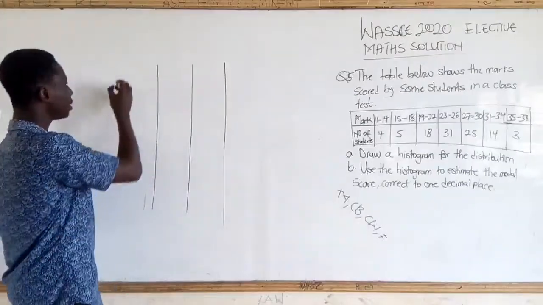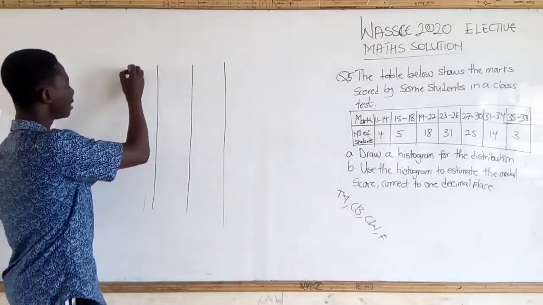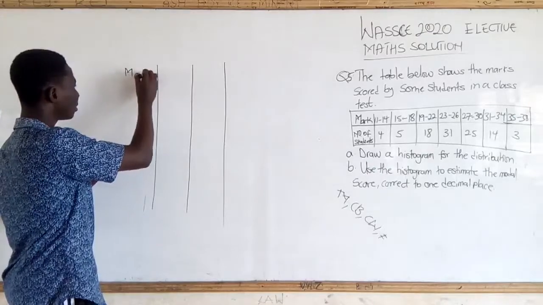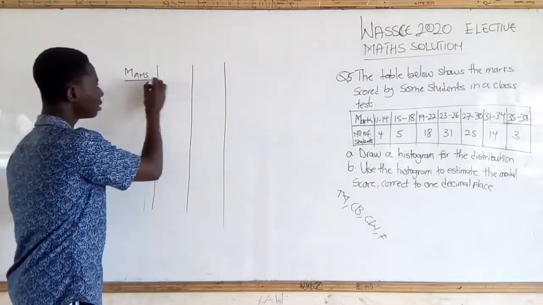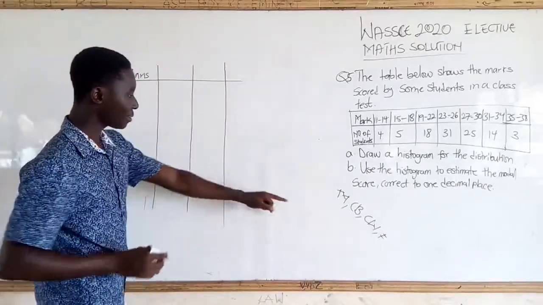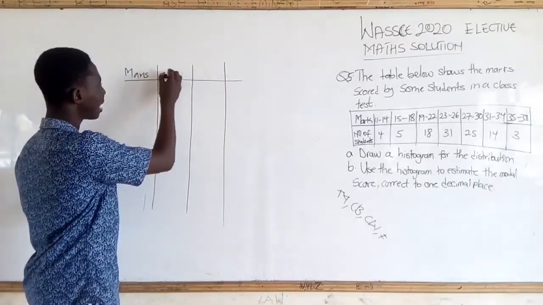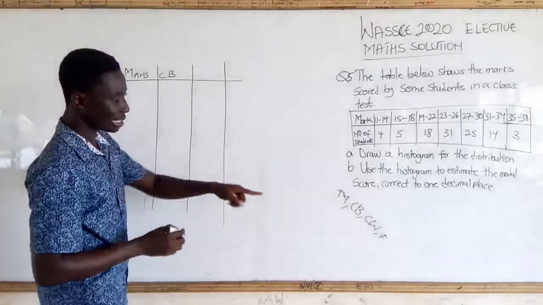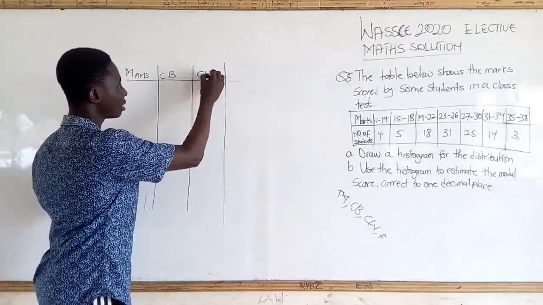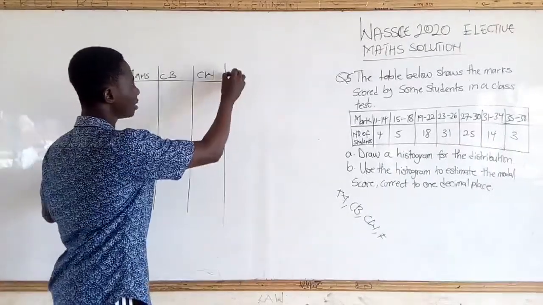This is going to be for the mass, and we're going to have the class boundaries here, and then class width. The last thing is going to be the frequency.